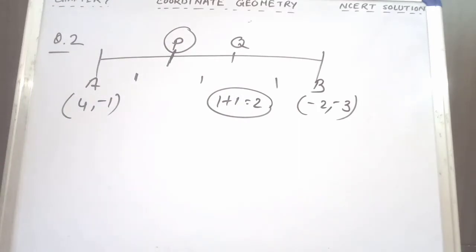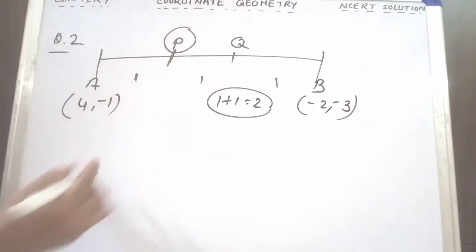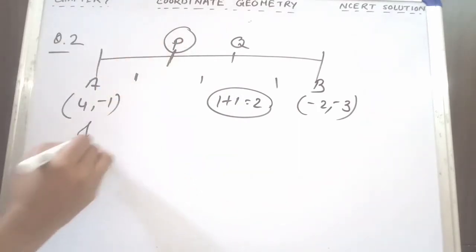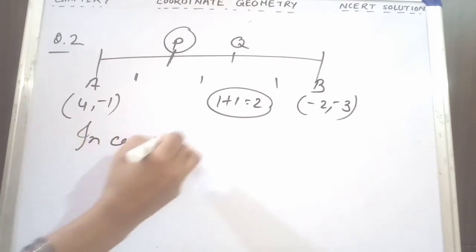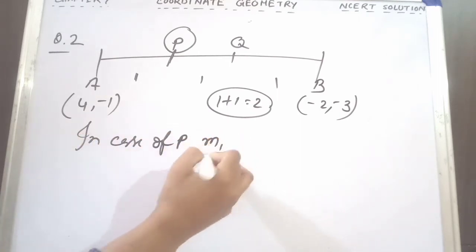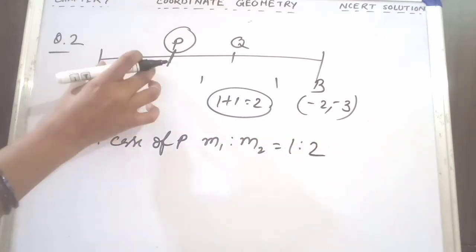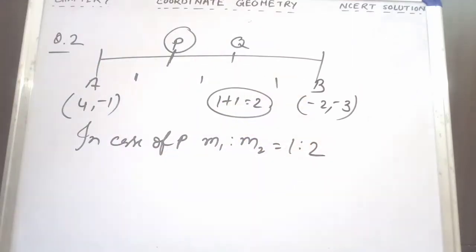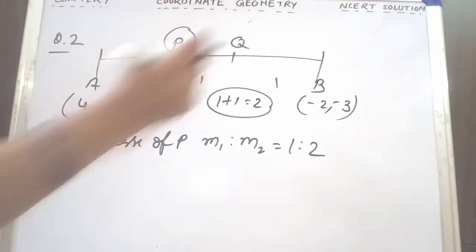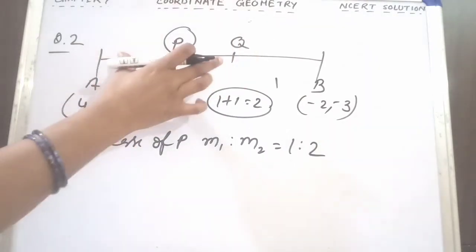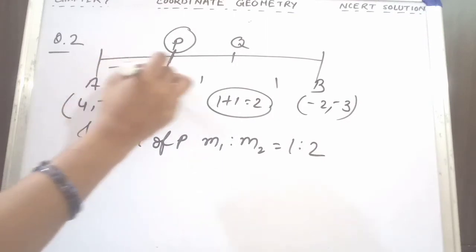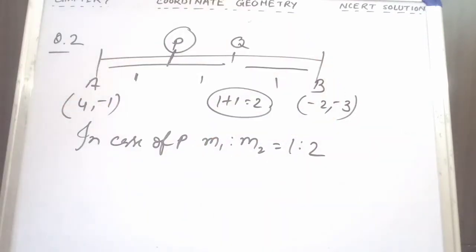In the case of P, M1:M2 is equal to 1:2 because this part is 1 and this part is 2. And in the case of Q, M1:M2 is 2:1.